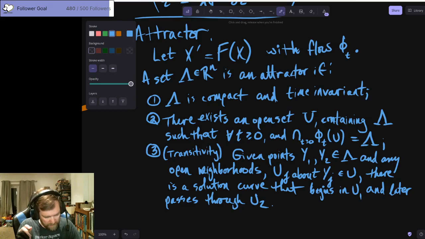Alright, so given any points y1, y2 that are in lambda, and then we have any open neighborhoods that exist about those two points, there must be a solution curve that begins within the neighborhood of U1 and later passes through the neighborhood of U2.